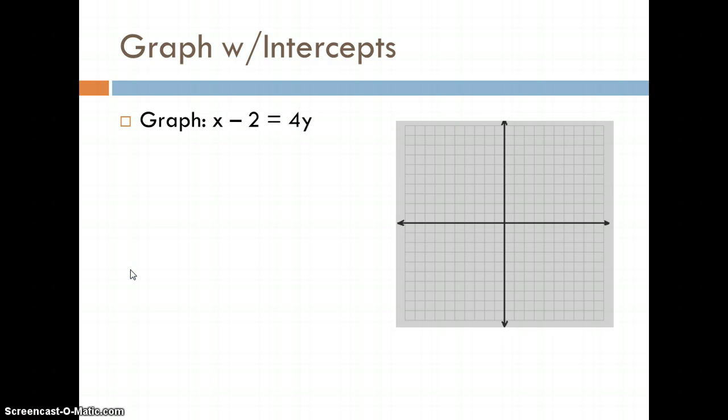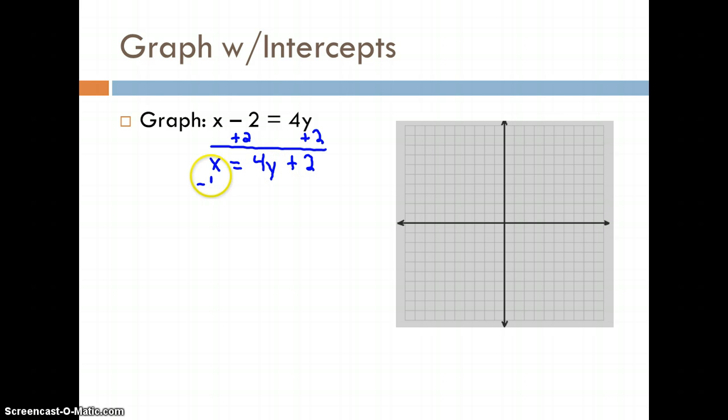You can take a look at another example here. Now the slight difference with this one is it's not quite in standard form. So what I would do first is make sure it's in standard form. And to do that, I would add 2 to both sides. I would get x is equal to 4y plus 2.